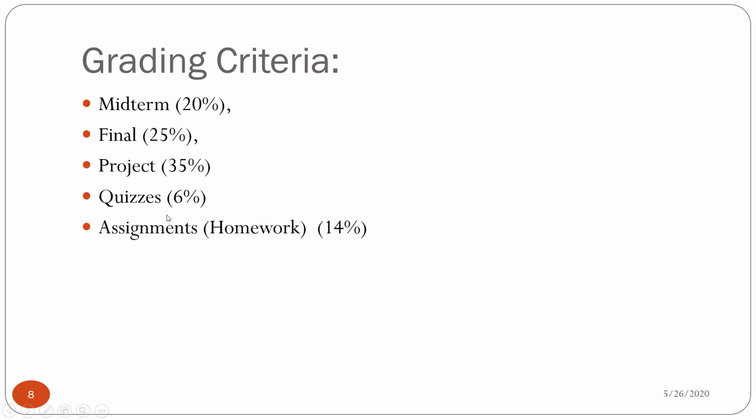Quizzes would be 6%, and the homework would be 14%. You might be wondering how many quizzes, when we will have quizzes, and how many homeworks. I'll request you to give me some time, maybe a day or so, and I'll come up with that plan and share the dates with you.